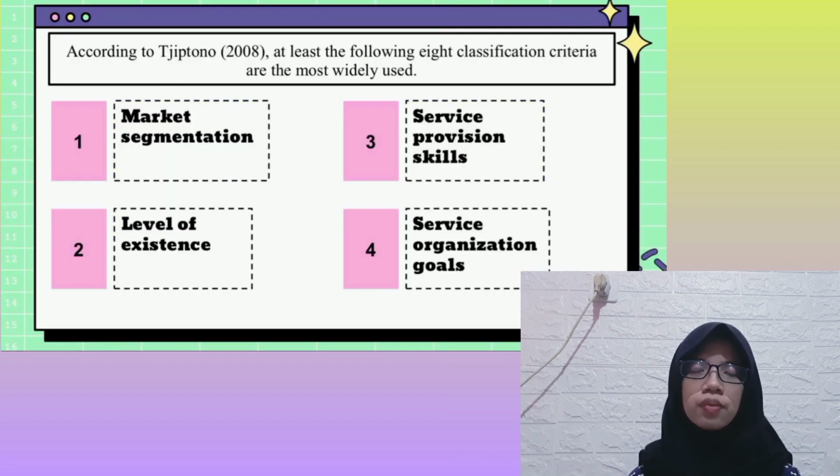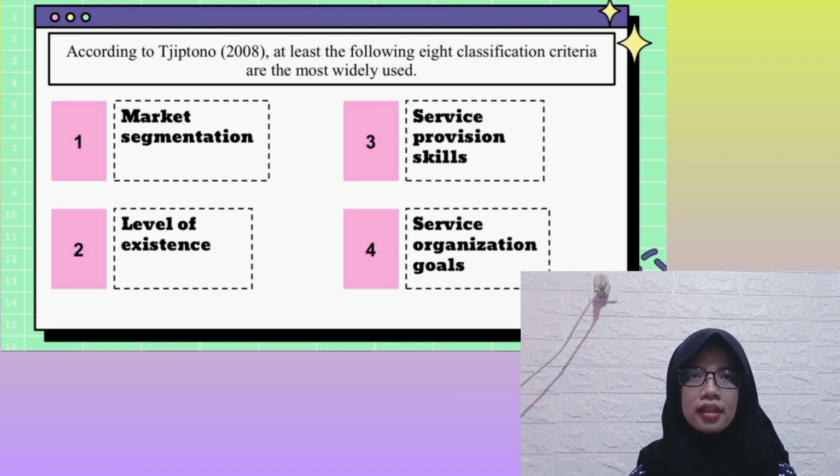According to Tjiptono 2008, at least the following 8 classification criteria are the most widely used. 1. Market segmentation. Based on the market segment, service can be divided into service aimed at final consumers and service for organizational consumers. 2.